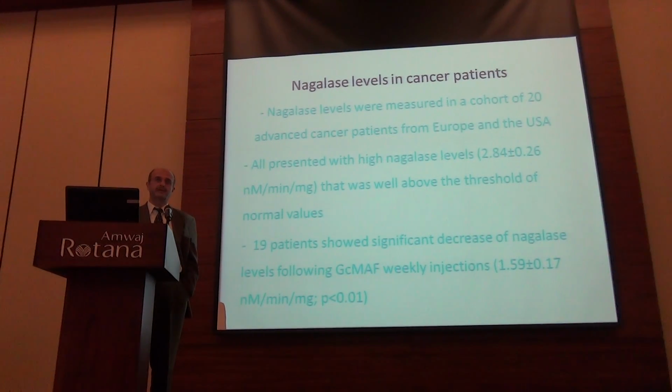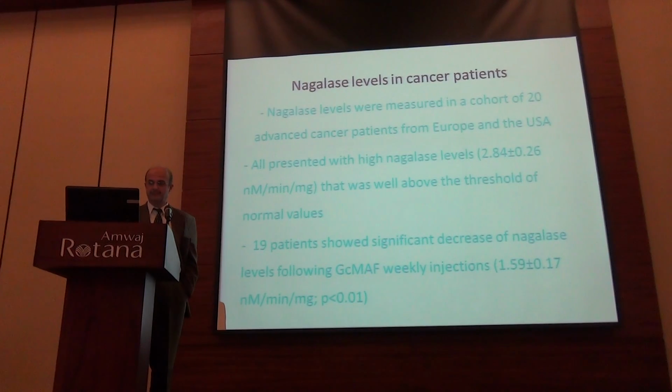All of them, at the beginning, before giving GcMAF, had a high nagalase level, 2.84 plus or minus, nanomolar per minute per milligram, which is way above the normal concentration. Now, after administering GcMAF following weekly injections, almost all of them, except for one, had a significant decrease in nagalase.